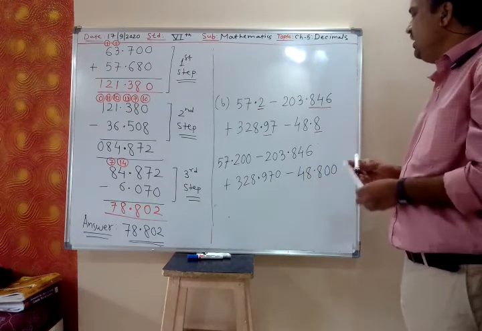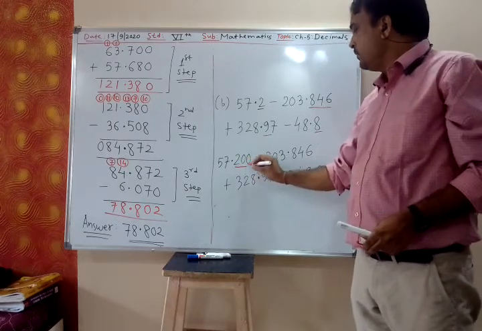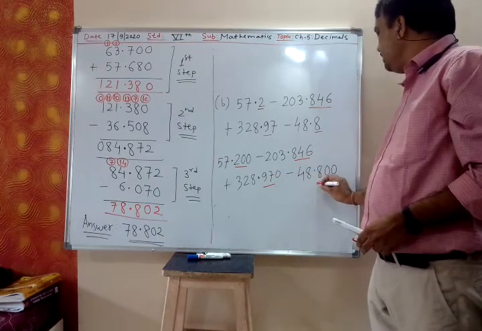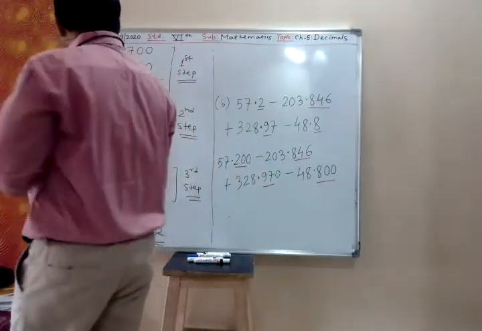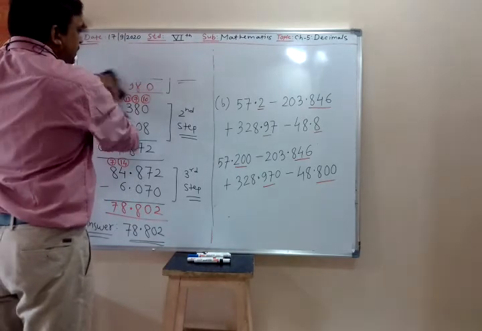Now we check again: after the point there are 3 digits in each. So they are like decimals. Now we have to solve them.